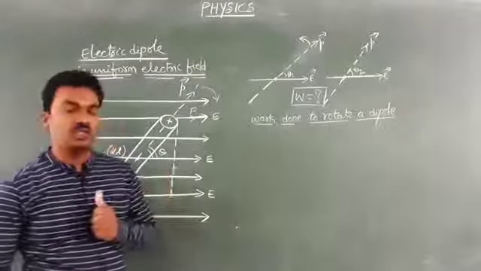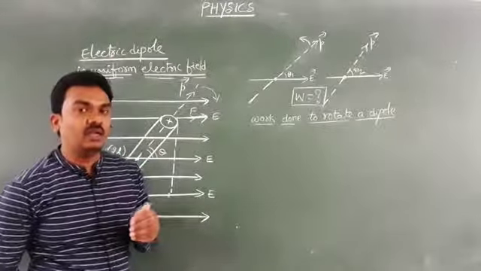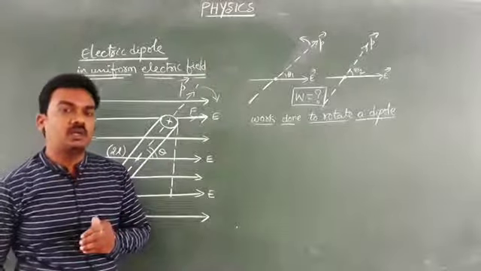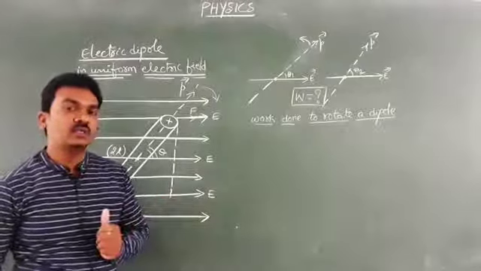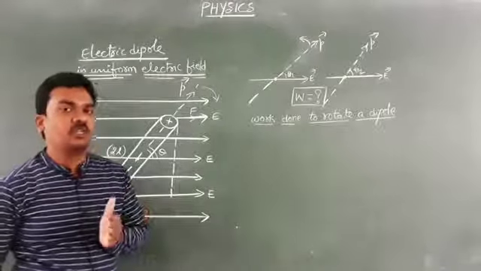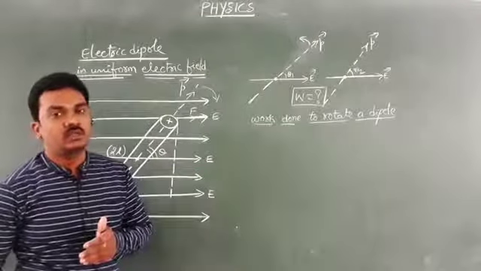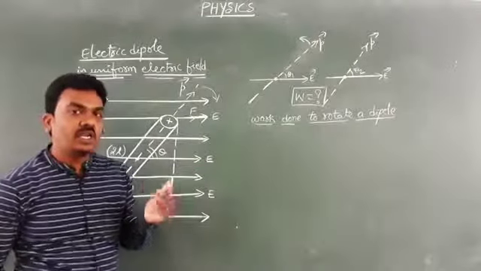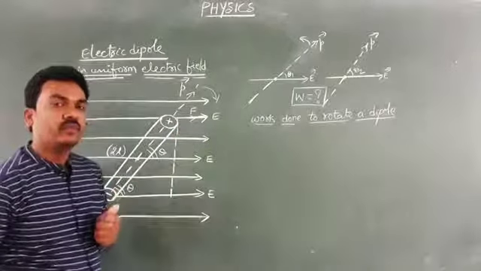Similarly, in rotatory motion, the amount of work done can be calculated using the dot product of torque or couple and the angular displacement. Because in translatory motion, it is the force that causes the motion, but in rotatory motion, it is the torque or couple acting on that body.